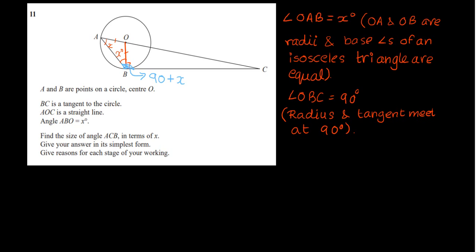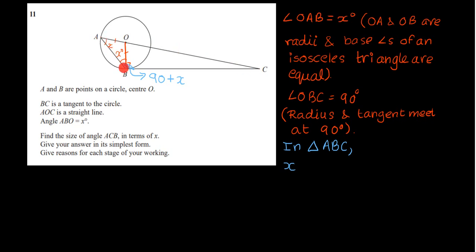So we can say in triangle ABC, x, which is angle CAB. Angle CAB is this one.